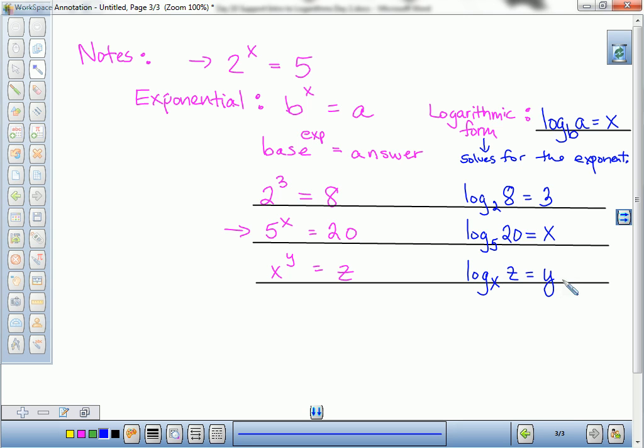Okay. So eventually, we're going to solve some really cool problems, real world problems using logarithms. But to start with, we just have to get comfortable with them. They're brand new. It looks weird.